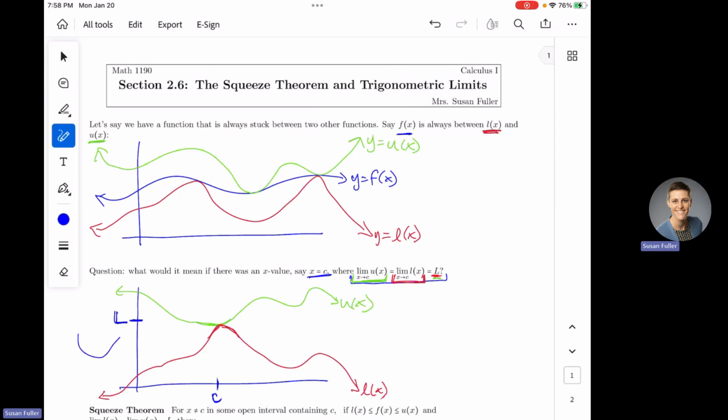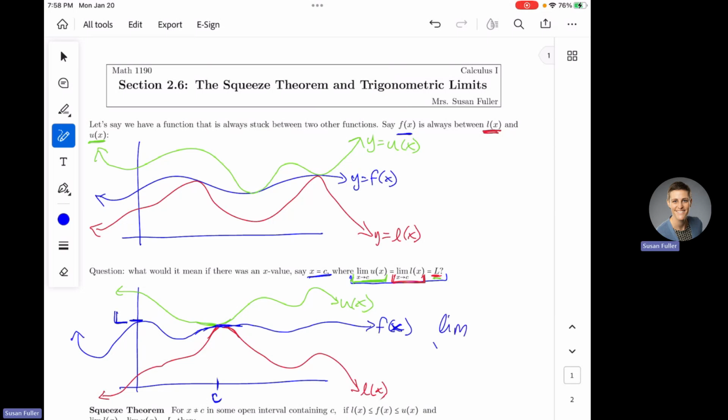It could be over here doing something crazy, but as I approach c, f has to be stuck between these two functions, which means the fact that their limits are the same there forces f of x to also be stuck there. These two functions squeeze f of x and they force the limit of f of x to be the same.